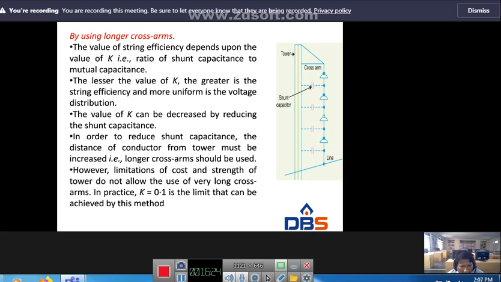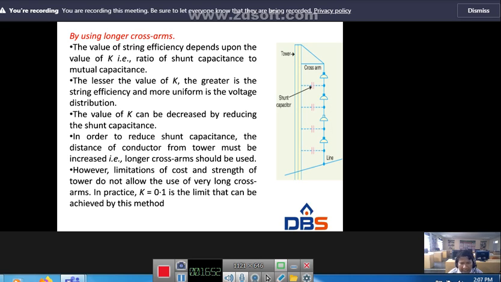The value of string efficiency depends upon the value of K, the ratio of shunt capacitance to mutual capacitance. The lesser the K value, the greater the string efficiency and the more uniform the voltage distribution.